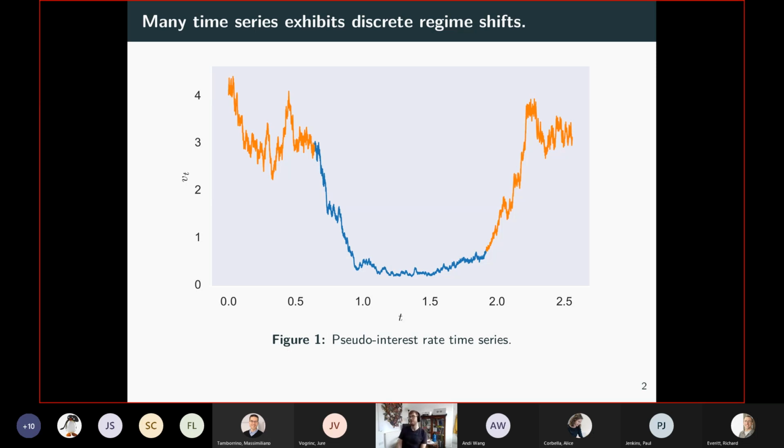As you can see here, in the orange state, the diffusion model likes to stay around a mean of 3 to 4, and in the blue state, it wants to go towards 0. This is simulated data, but if you were to look at, say, an interest rate time series, you might get rather similar behavior.